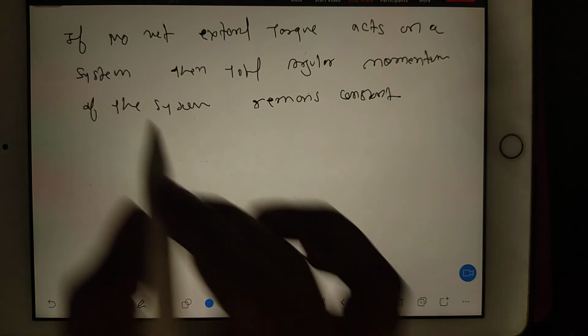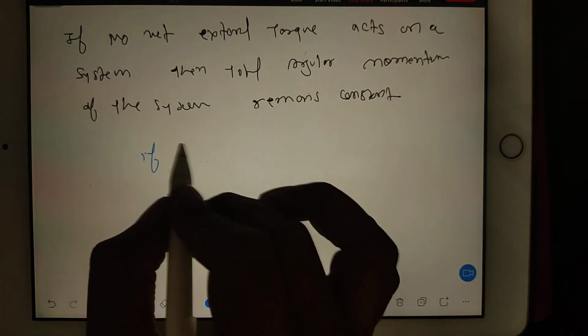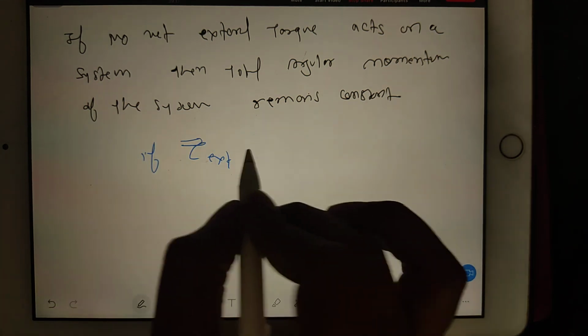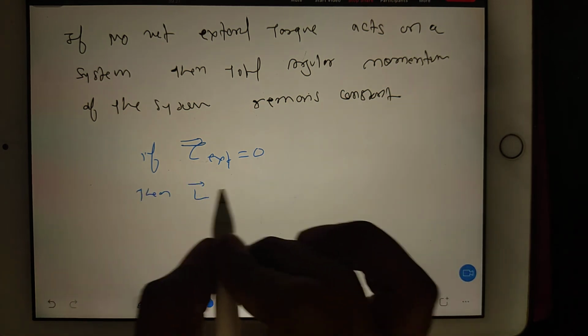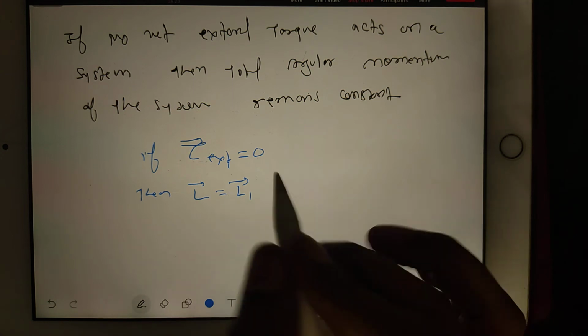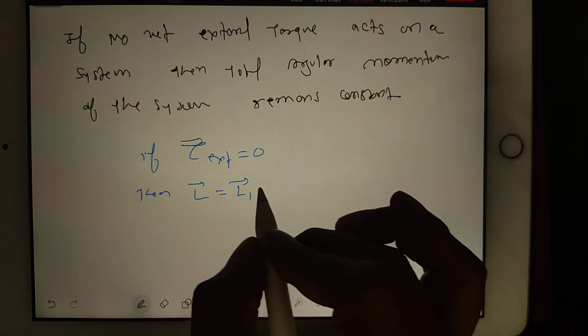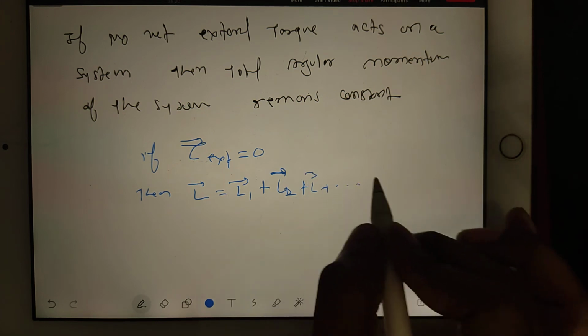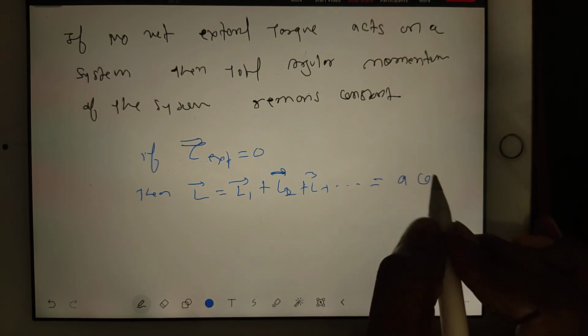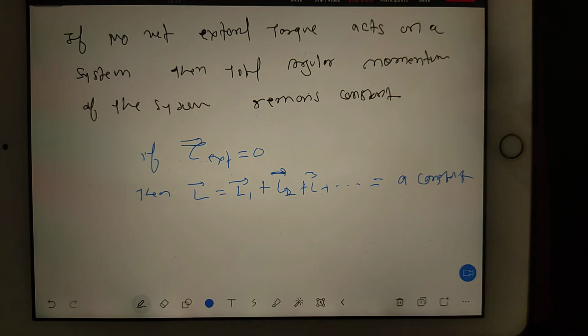Mathematically, if tau external is equal to 0, then the angular momentum is going to be the same: whatever momenta are there, you add all together, L1, L2, L3 and so on, everything is going to be constant. Okay, copy this.